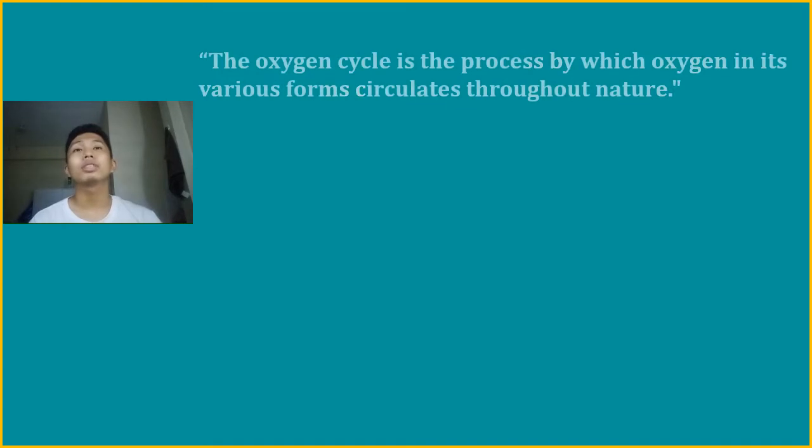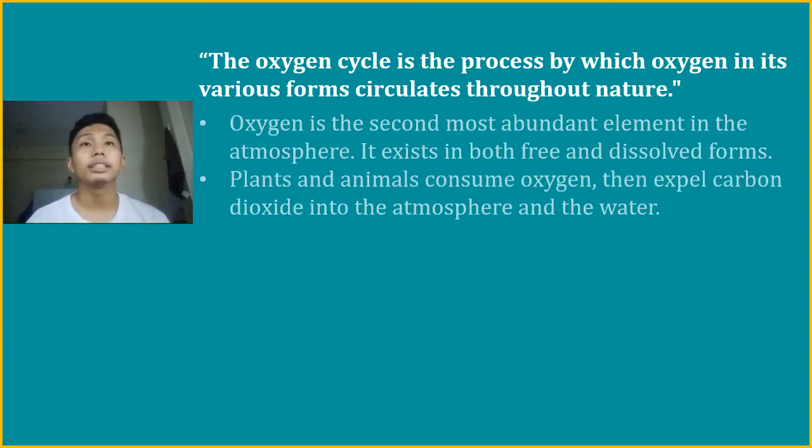It means the oxygen cycle is the process by which oxygen in its various forms circulates throughout nature. Oxygen is the second most abundant element in the atmosphere that is not already combined, and it exists in both free and dissolved form.